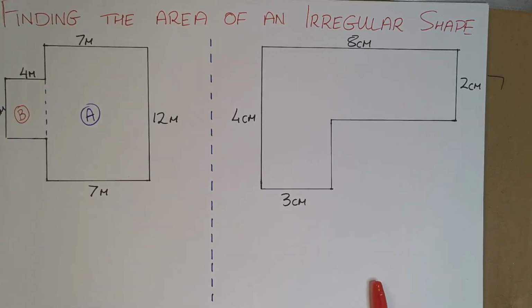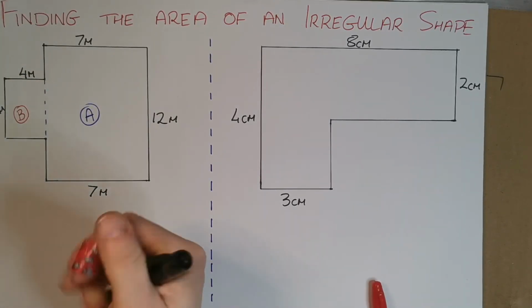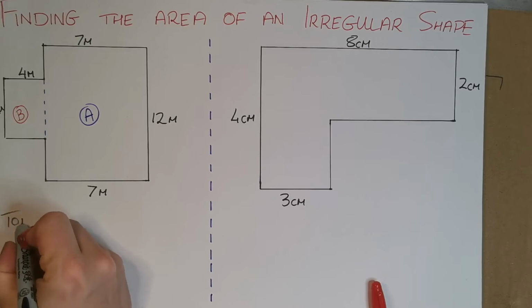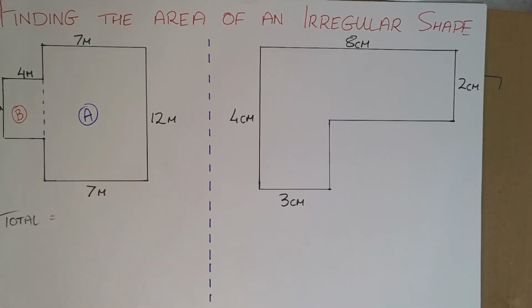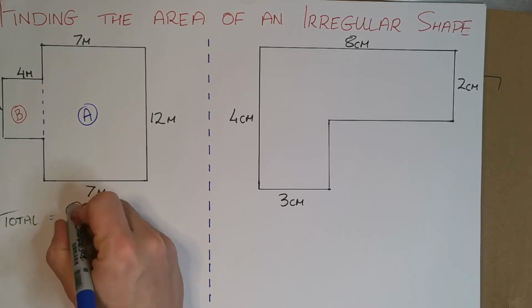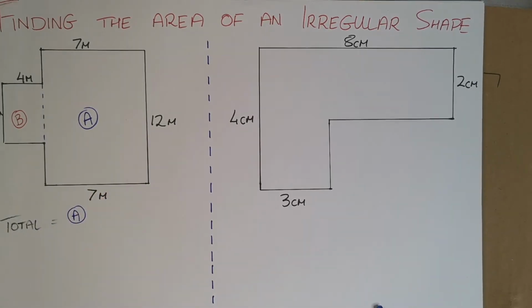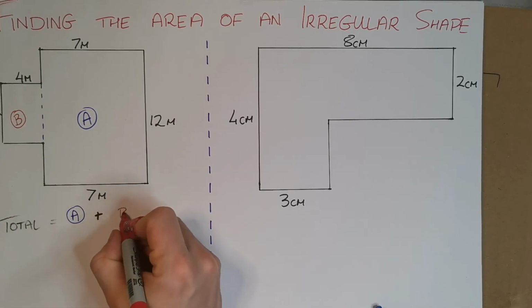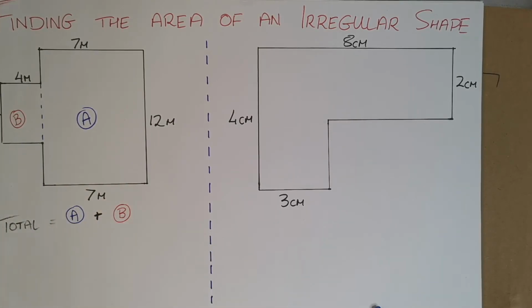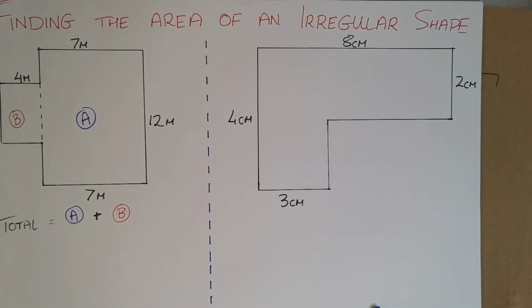And now we know that the total area is going to be equal to our A area plus our B area. Yeah, so let's get area A first.